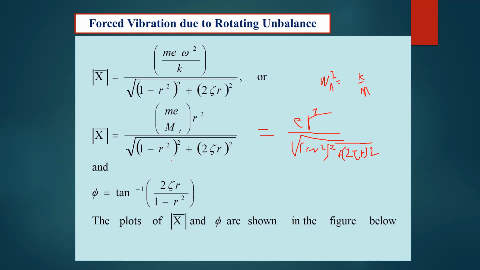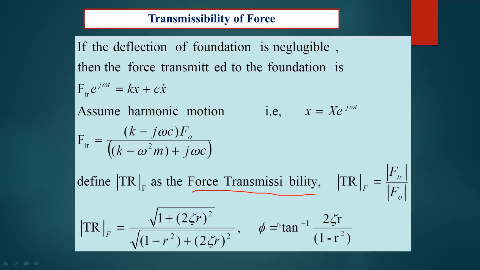And the phi value is this component divided by this component, which is tan inverse of 2 zeta r over 1 minus r square. So the X and phi are given here.